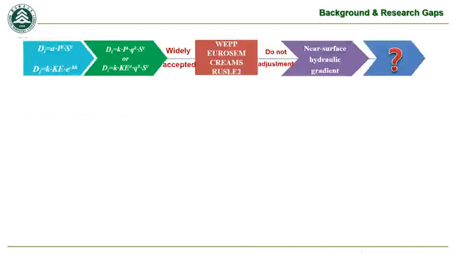However, few studies have been conducted with the goal of understanding the impact of the near-surface hydraulic gradient on the interrill erosion processes. Most studies focused on the drainage condition and developed lots of useful and meaningful equations, which are widely accepted and used in erosion prediction models.